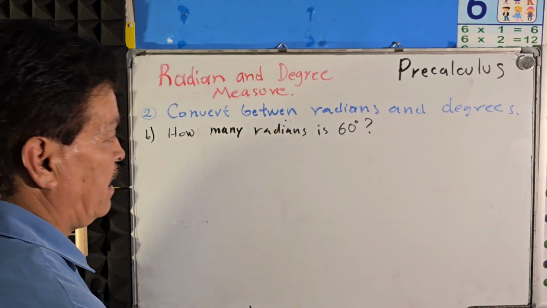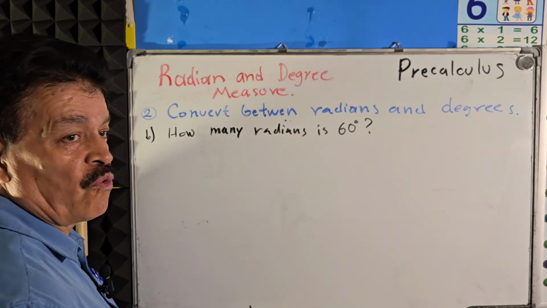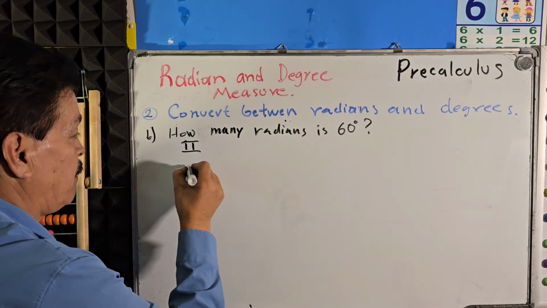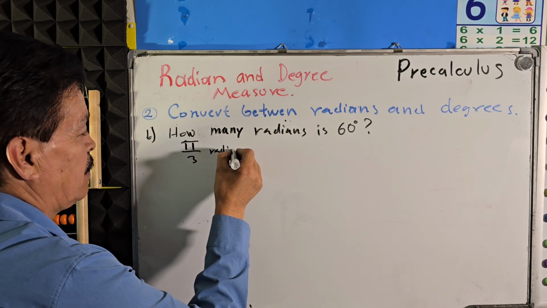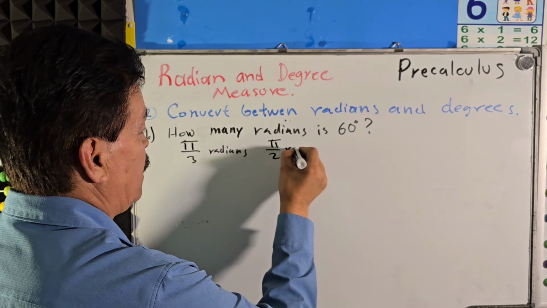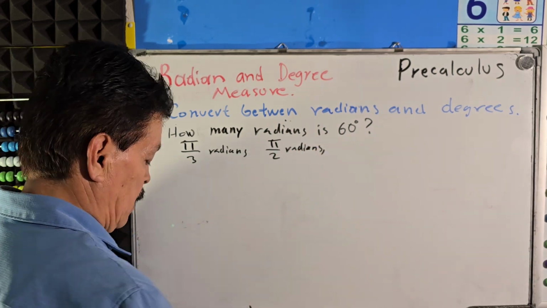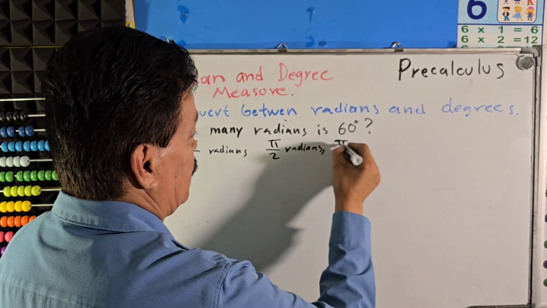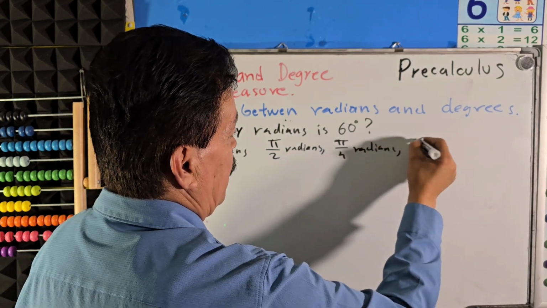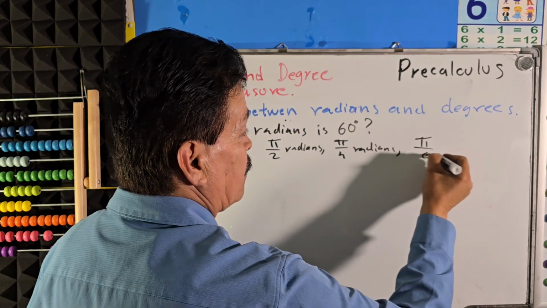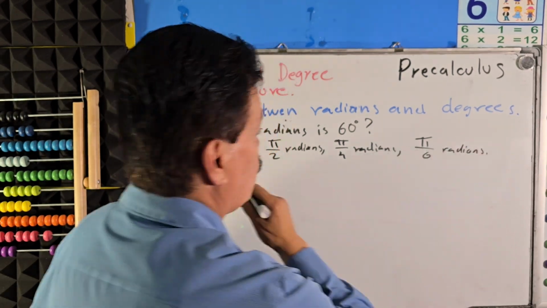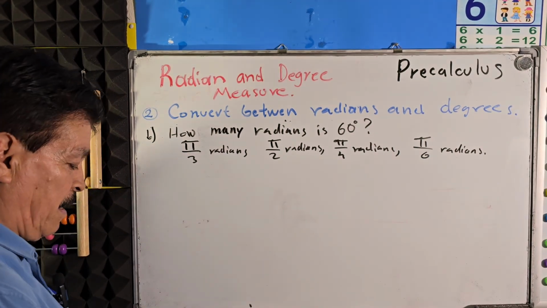Okay, and I give you 4 possible answers. One is pi divided by 3 radians. The other one, pi divided by 2 radians. The other one, pi divided by 4 radians. And the other one, pi divided by 6 radians. Which one is right? What do you think?